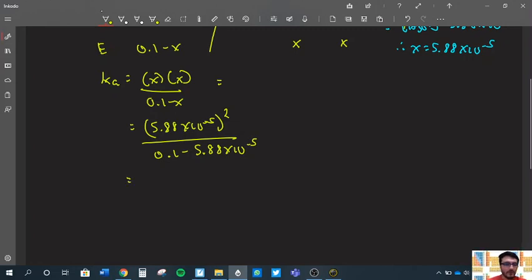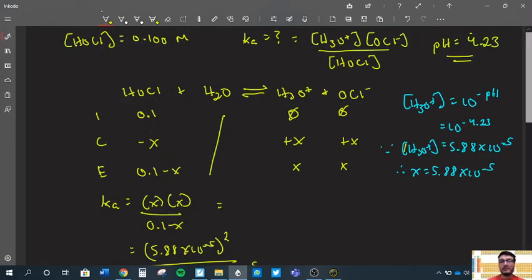Do all that math, and you get 3 times 10 to the negative 8 as your Ka value. And you're done.